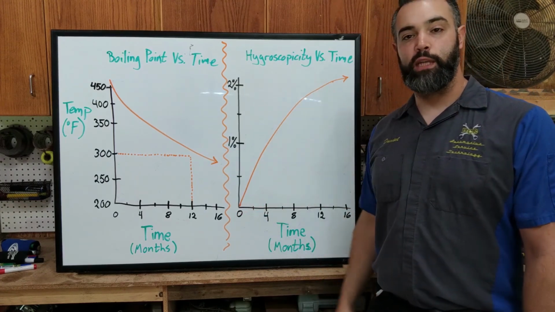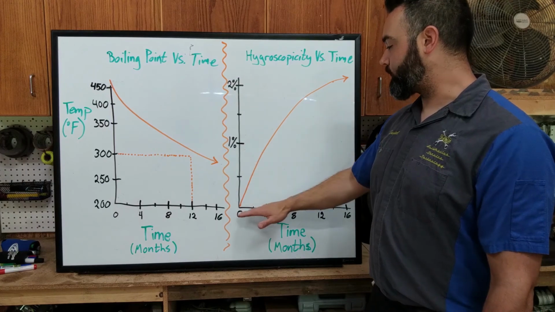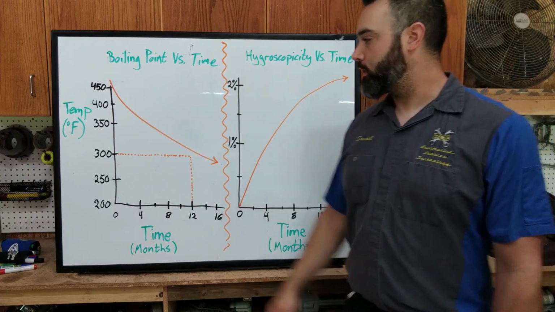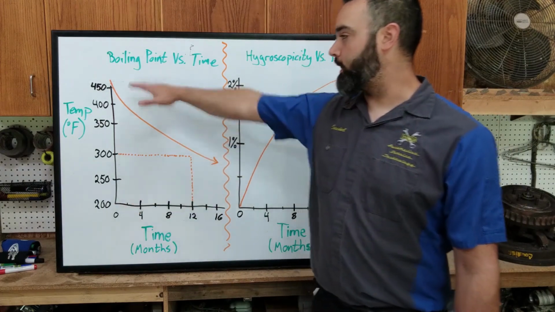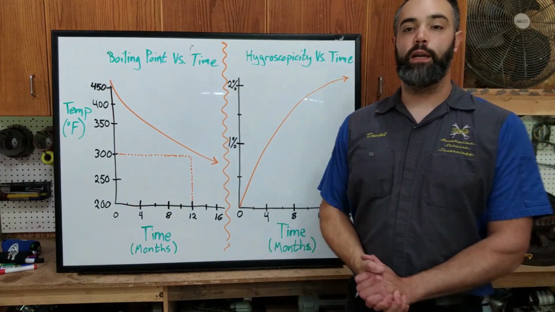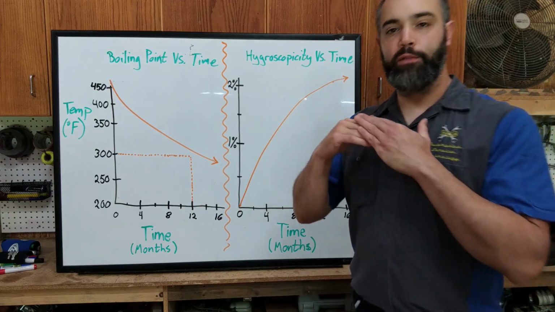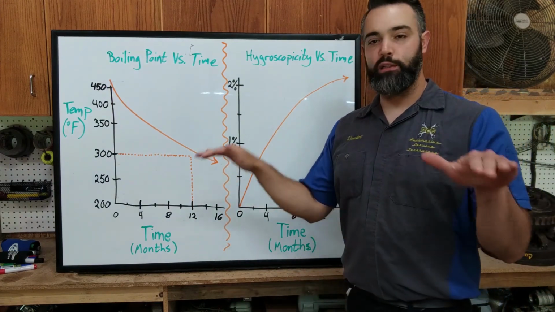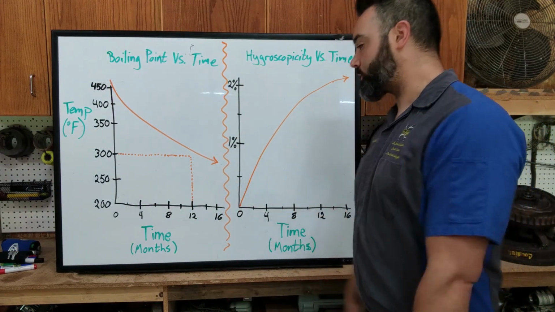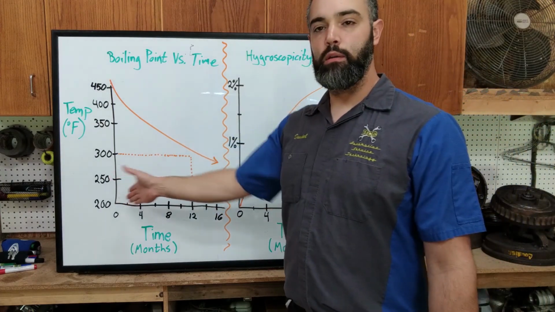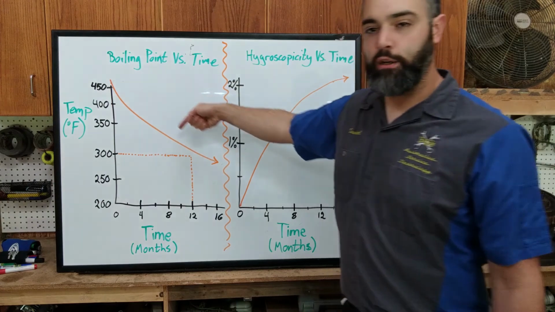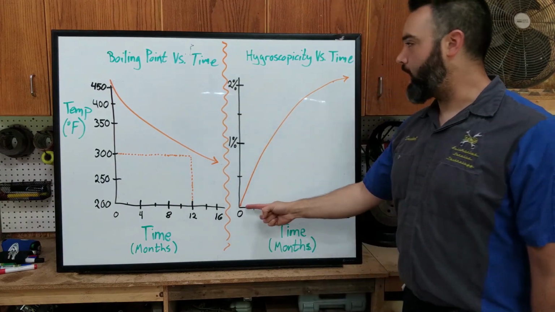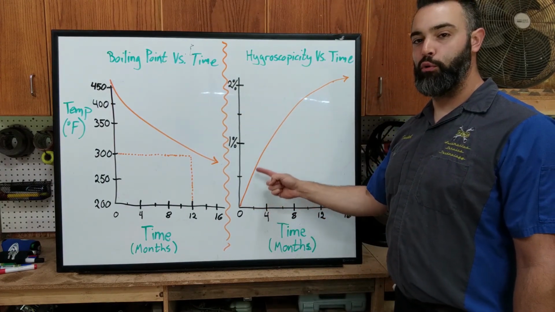Hygroscopicity is measured in percentage from 0 to 2%, and temperature over here goes from 200 degrees Fahrenheit to 450 degrees Fahrenheit. We just replenished brake fluid in the system. We have complete dry boiling point specifications. As time moves on, that boiling point is going to decrease because our fluid is going to absorb moisture.